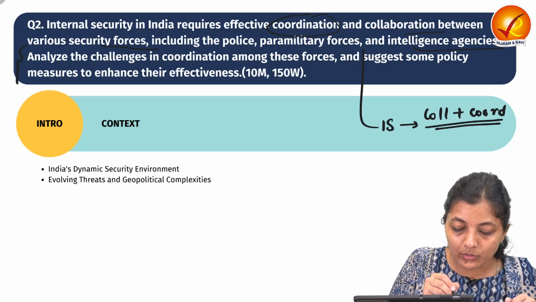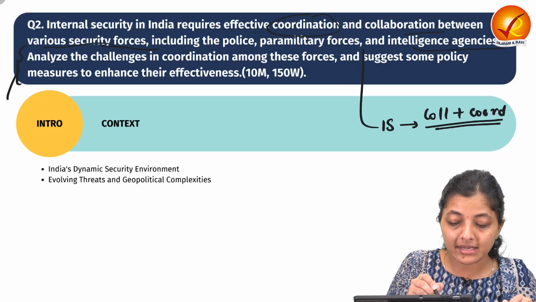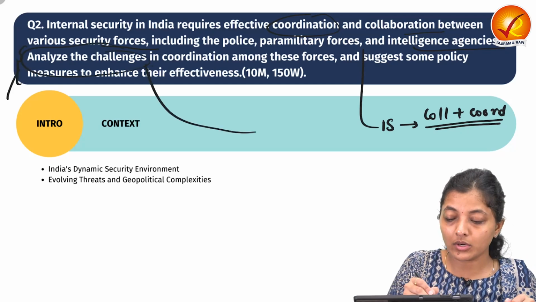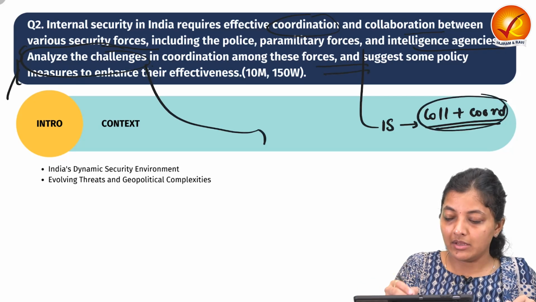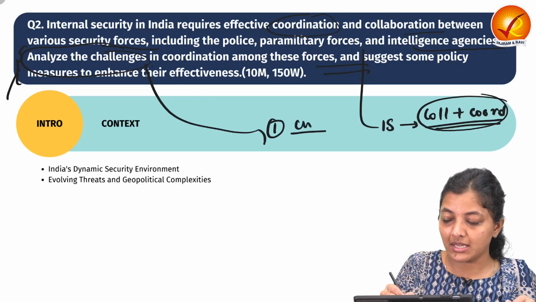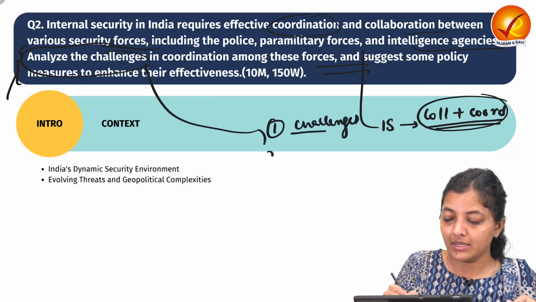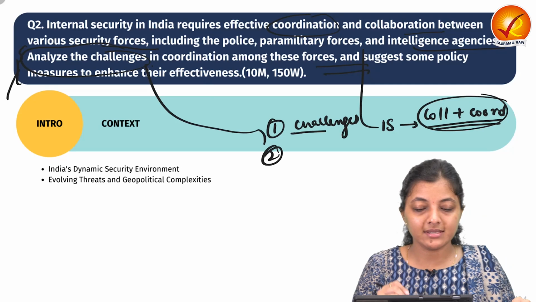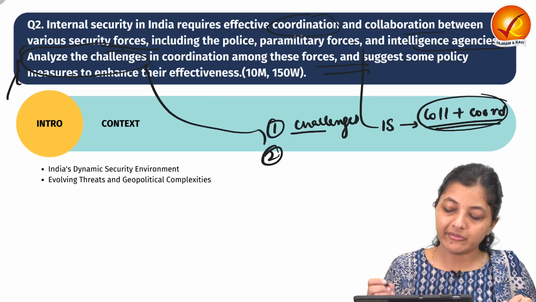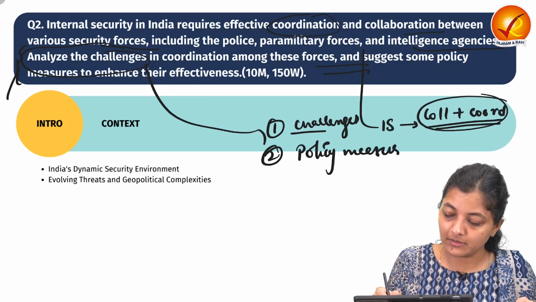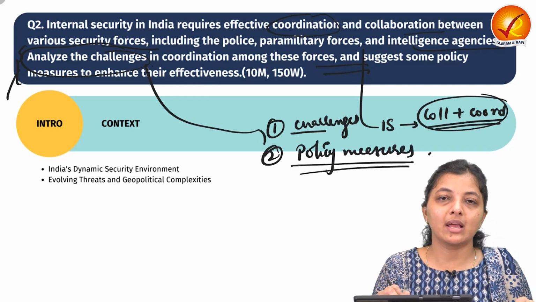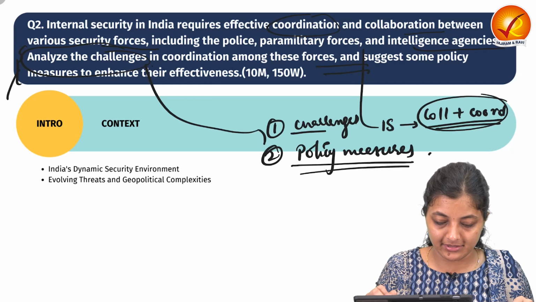The main demand of the question is to analyze the challenges. What are the challenges in this coordination among these forces? The first demand is challenges we need to write, and the second is to suggest some policy measures to enhance their effectiveness, to increase the coordination and collaboration between the different security agencies.